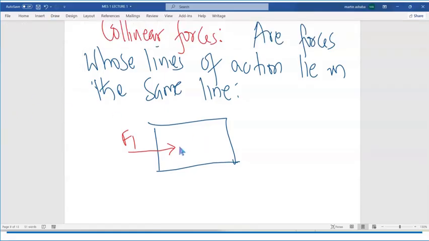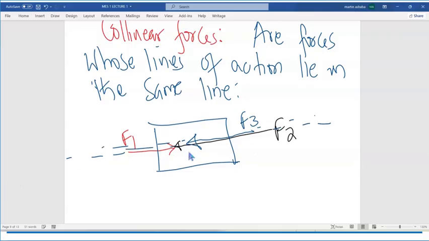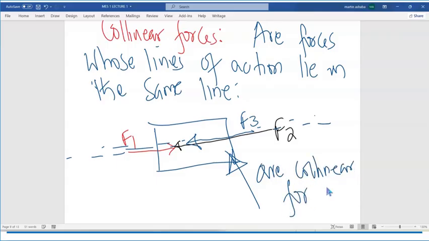This is a force F2. This is a force F3. So you can see they are along the same line. Their lines of action are along the same line. So if they are along the same line, we say these are collinear forces.